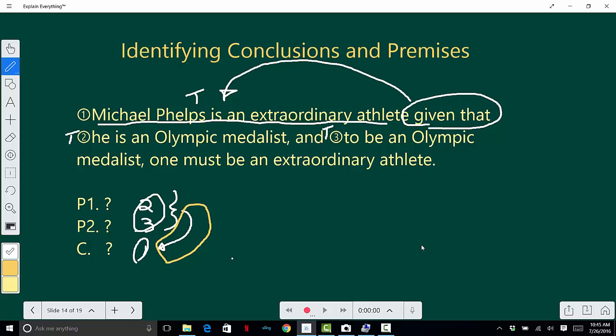All right, so I think many of the students will be inclined to think that both of our premises, statement 2 and statement 3, are true. But let's focus on statement 3. To be an Olympic medalist, one must be an extraordinary athlete.